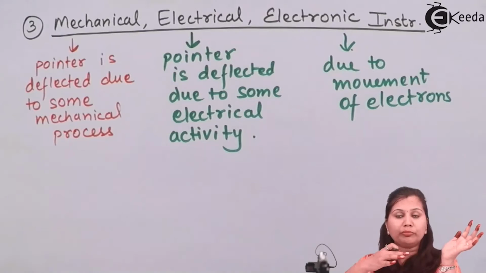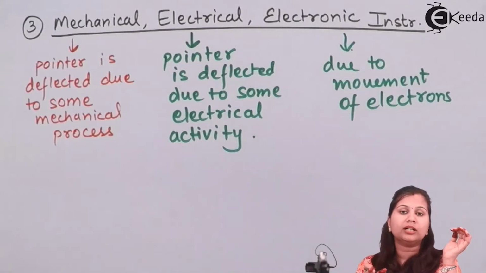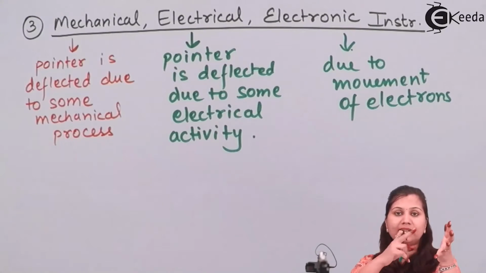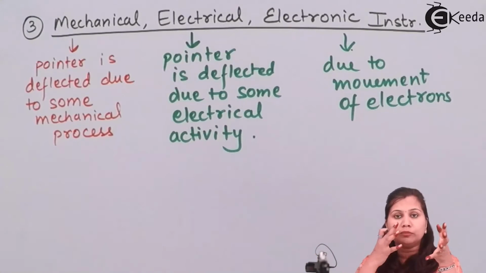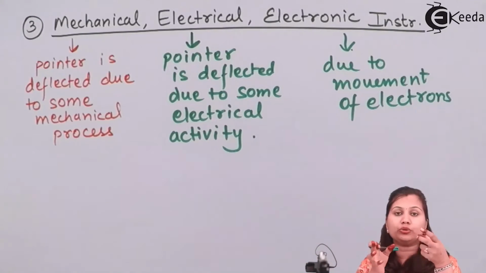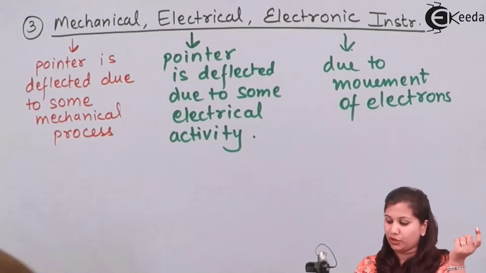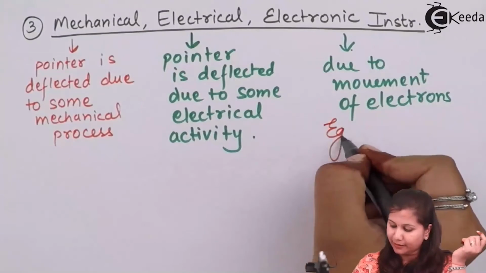So due to the movement of electrons, we have a pointer which moves on the cathode ray oscilloscope screen, and on that screen the pointer moves over the scale. So the movement of the pointer is caused due to the presence of electrons. So the electronic instrument example is CRO.